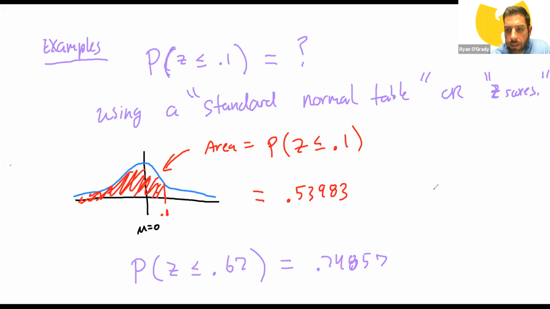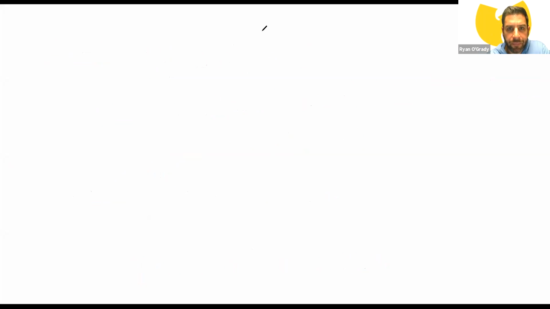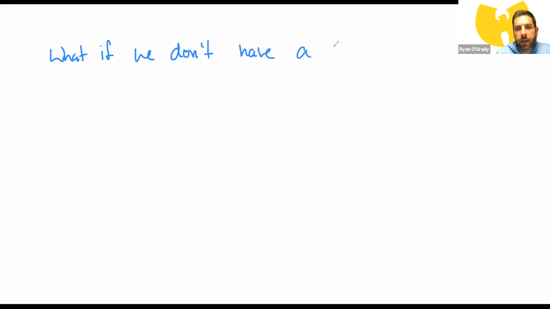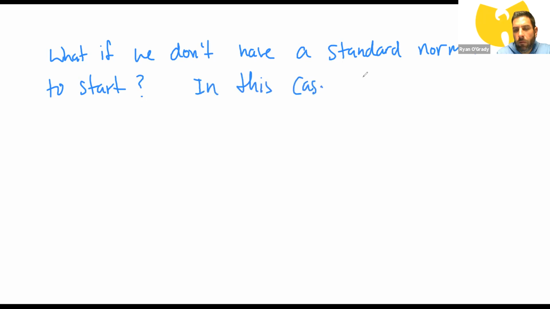Okay, so that's probably the most basic problem. Now, what if we don't have a standard normal to start with? Well, in this case, we have two options.